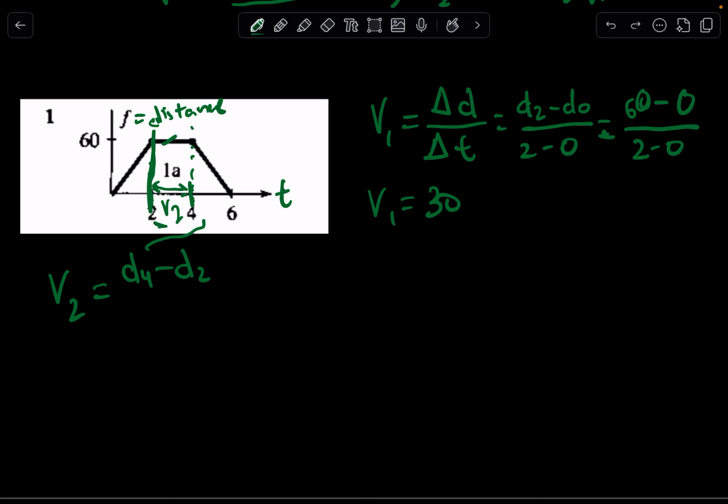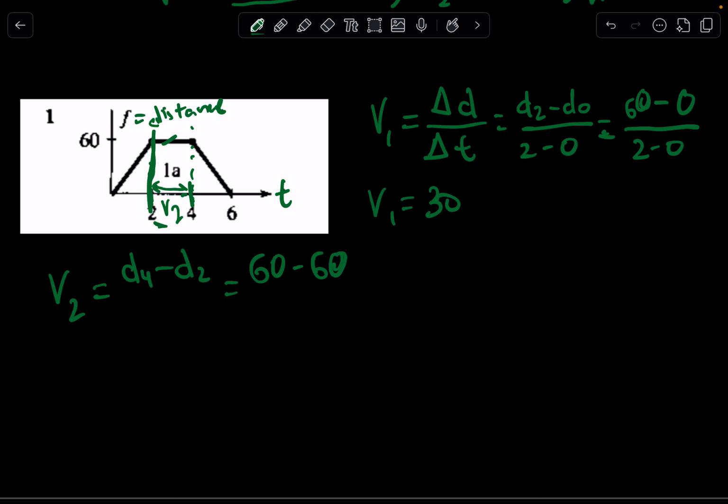So our distance at 4 is equal to 60. And our distance at 2 is equal to 60 again, because our distance at 2 is 60 right here. See? 60.